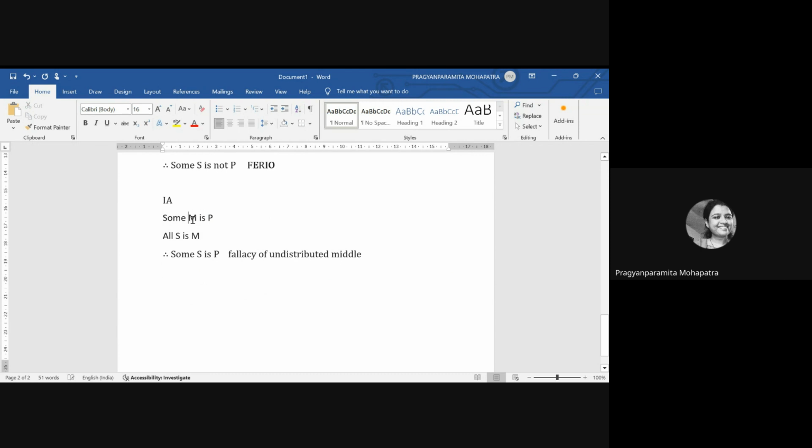So here we can see that the major premise is I, and in an I proposition no term is distributed, and the minor premise is an A proposition, and in an A proposition the middle term is there in the predicate, but an A proposition distributes the subject. So the middle term remains undistributed in both the premises. Therefore, the fallacy occurs, that is the fallacy of undistributed middle.